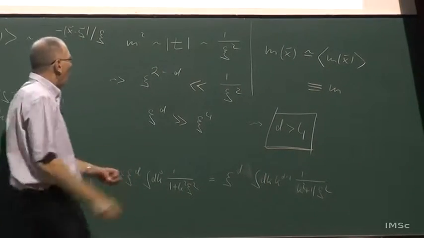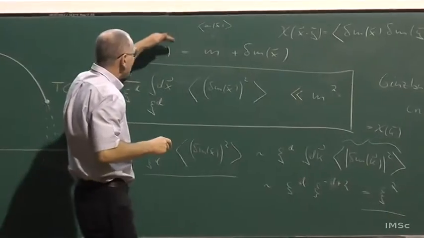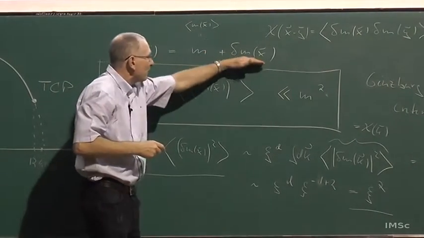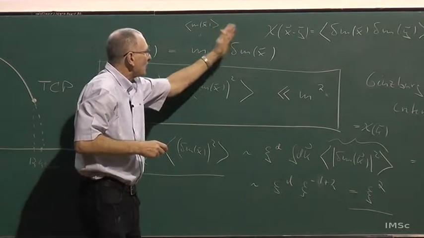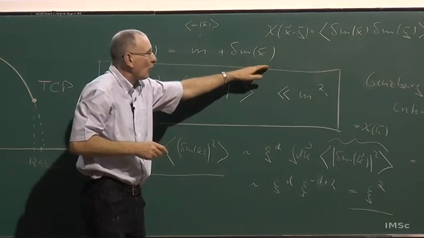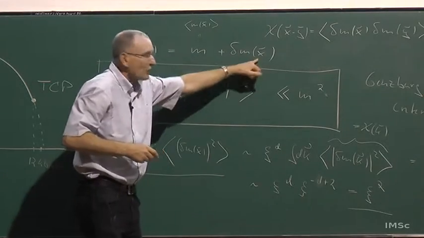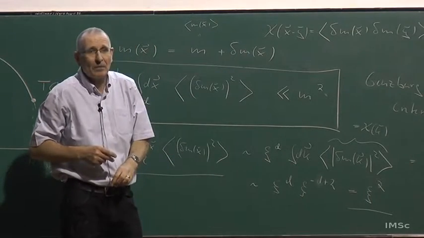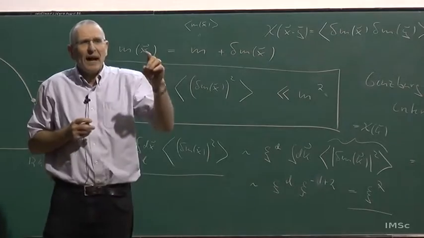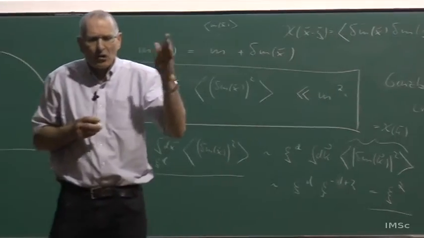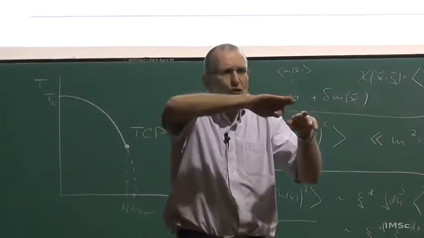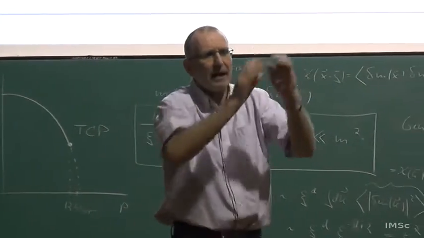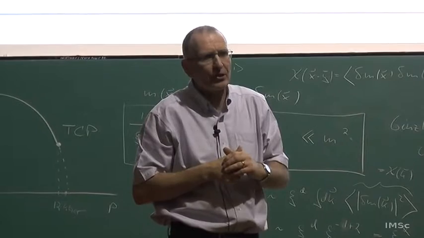Or in this language, where I've taken m apart into its mean and its fluctuation, I just drop the fluctuations because the average of the fluctuation is by definition 0. So I'm not saying the system is homogeneous. I'm replacing the fluctuating magnetization by its average as an approximation.